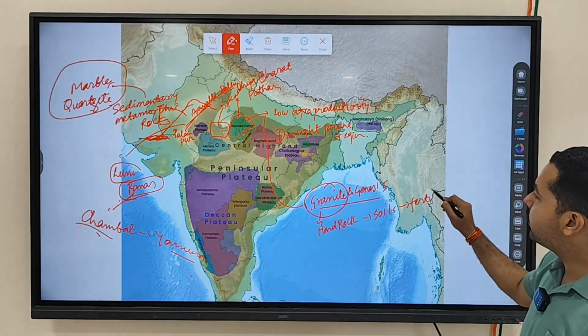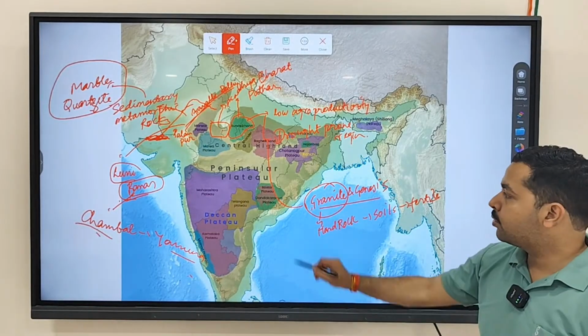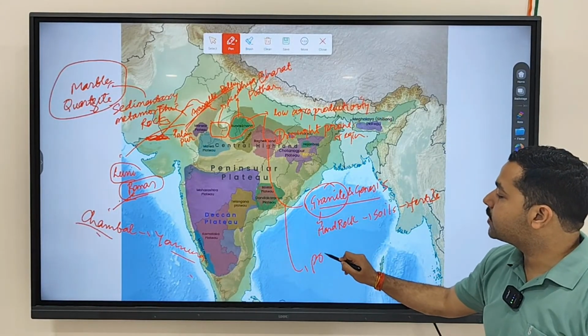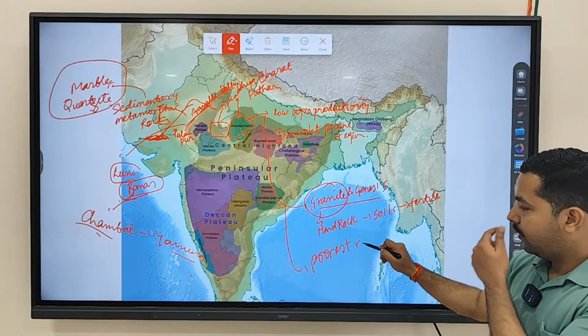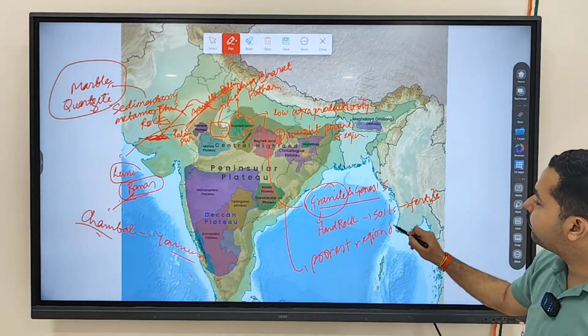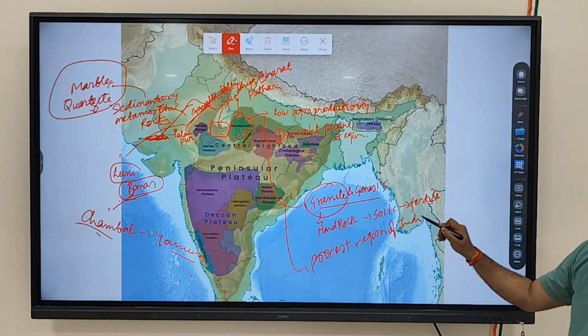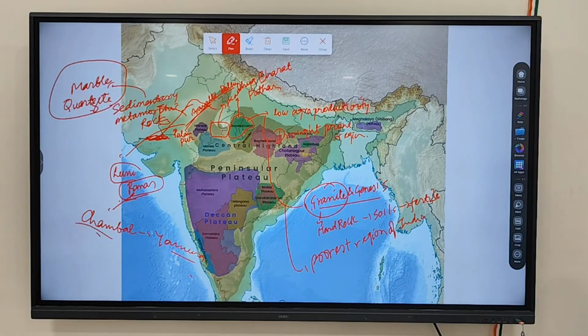That's why this region is one of the poorest regions of India. Agriculture is not very dominant. Hard rock, soils not very fertile. Clear?